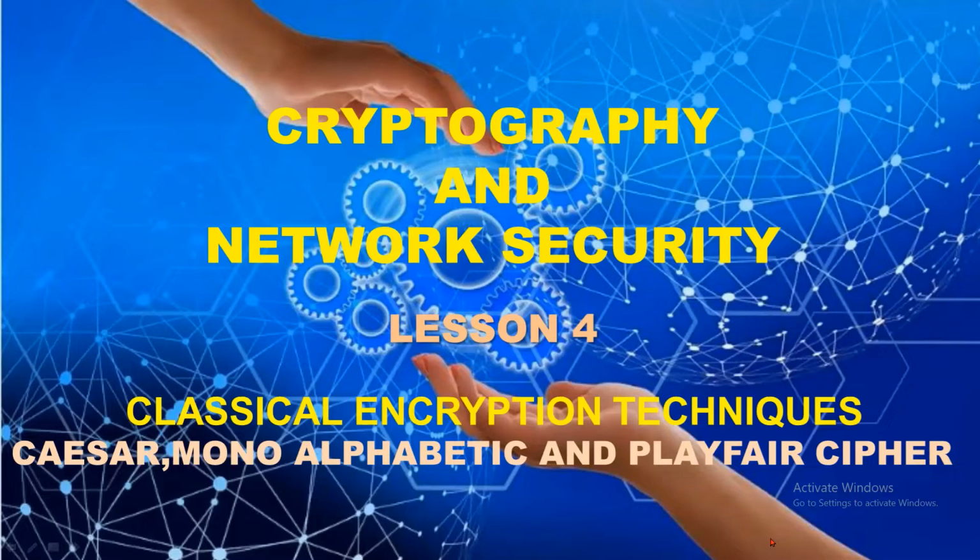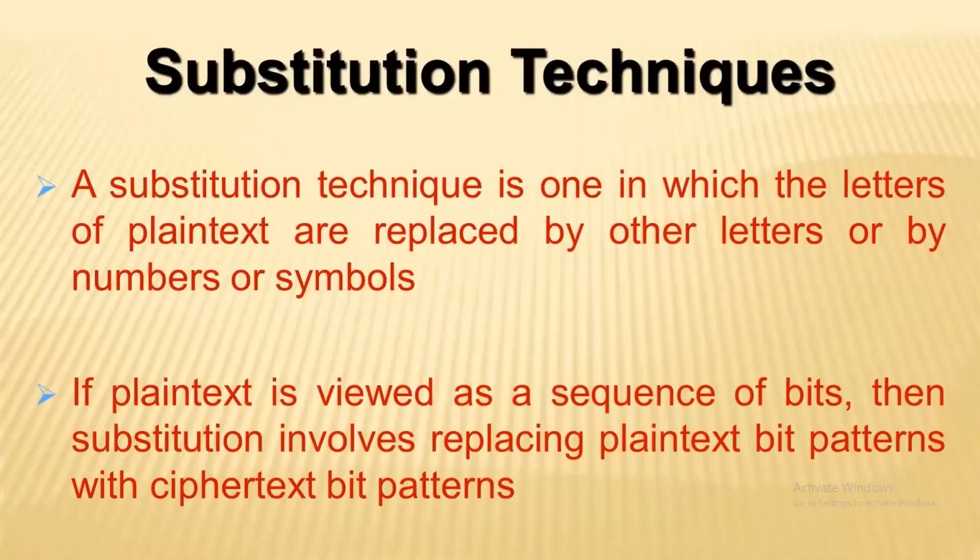The two basic building blocks of all types of encryption techniques are substitution and transposition. In the substitution technique, each bit or element in the plain text will be replaced with other letters or numbers or symbols. In the case of transposition, it is obtained by rearranging the letters of the plain text.